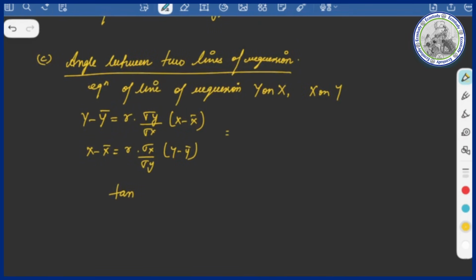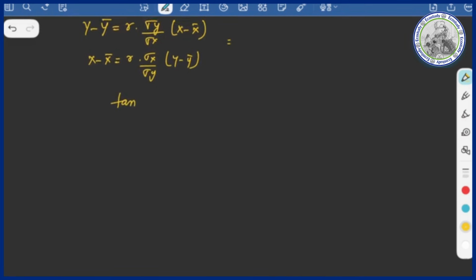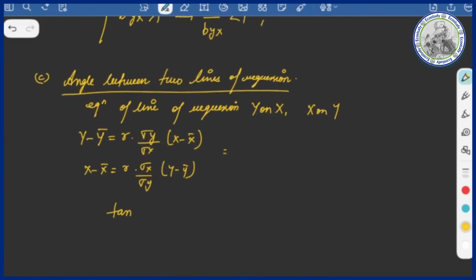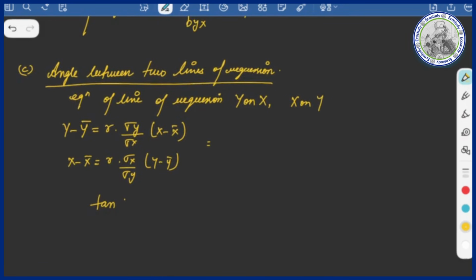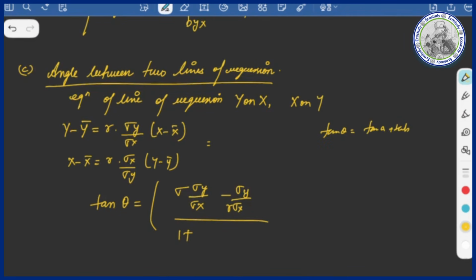Tan theta is equal to r sigma y by sigma x minus sigma y by r sigma x, divided by 1 plus the product of the slopes. This is the formula: tan theta is equal to tan a minus tan b by 1 plus tan a tan b.